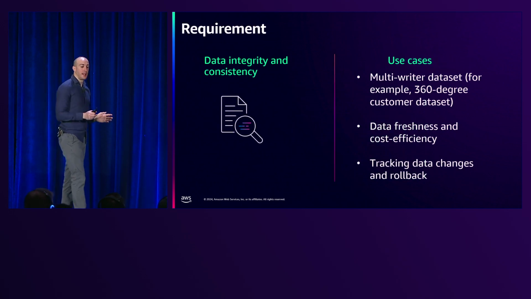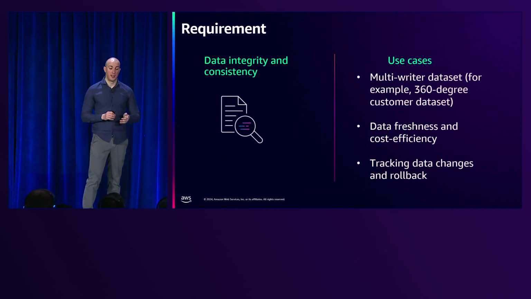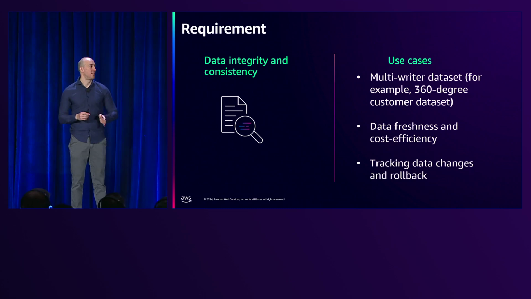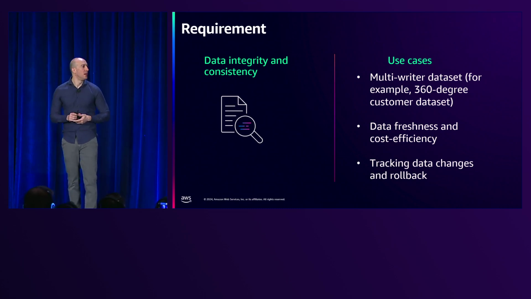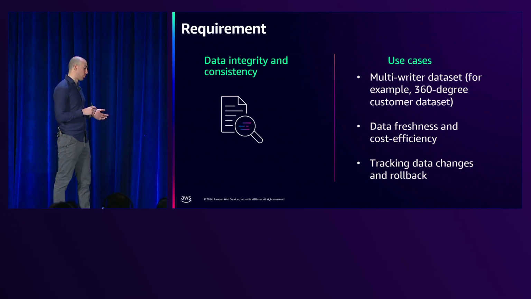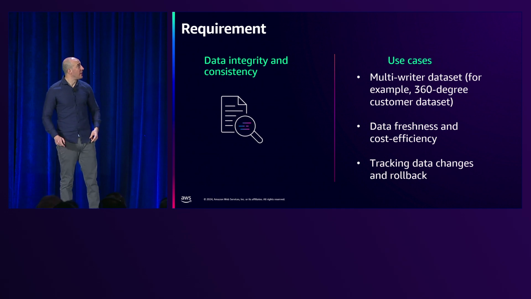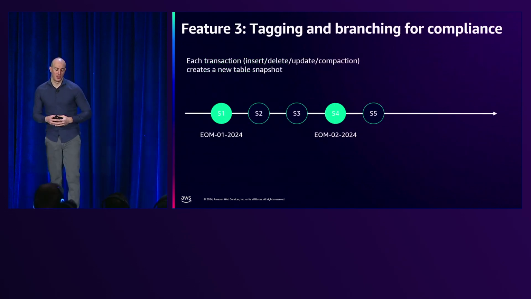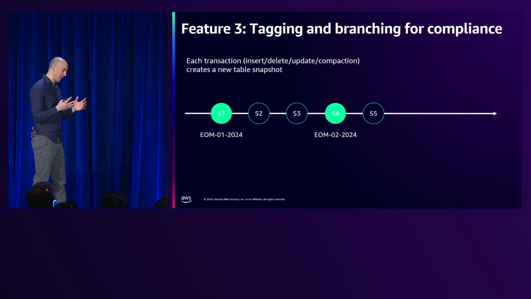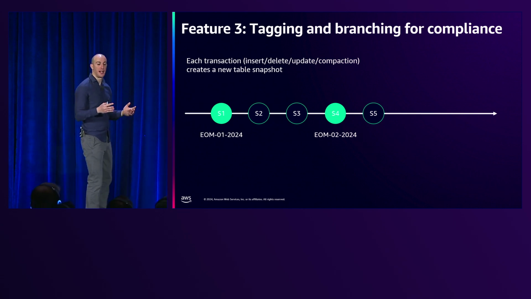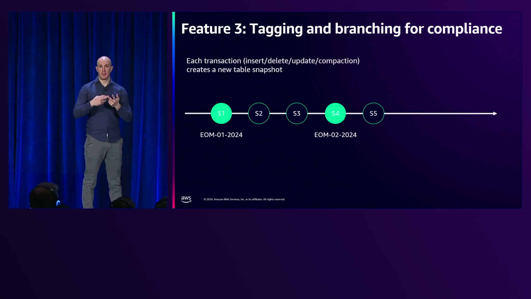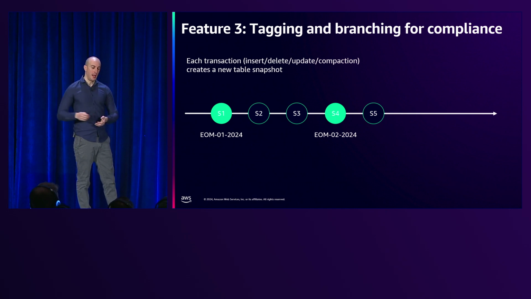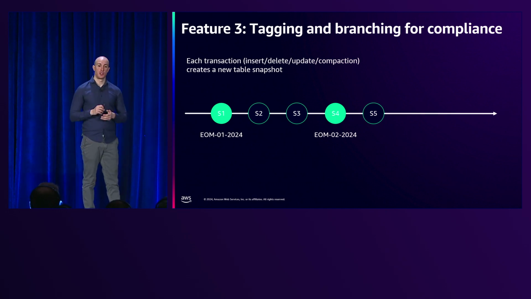The next requirement is data integrity and consistency, and there are several use cases, for example, data tracking and rollback of changes. This is a feature that AWS actually contributed to open source. As I mentioned before, each transaction, insert, update, delete, merge, and compaction, creates a new snapshot.